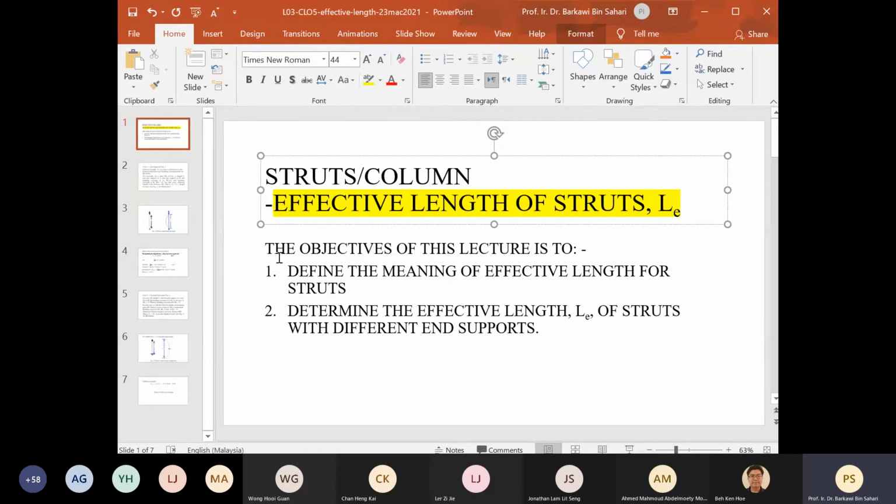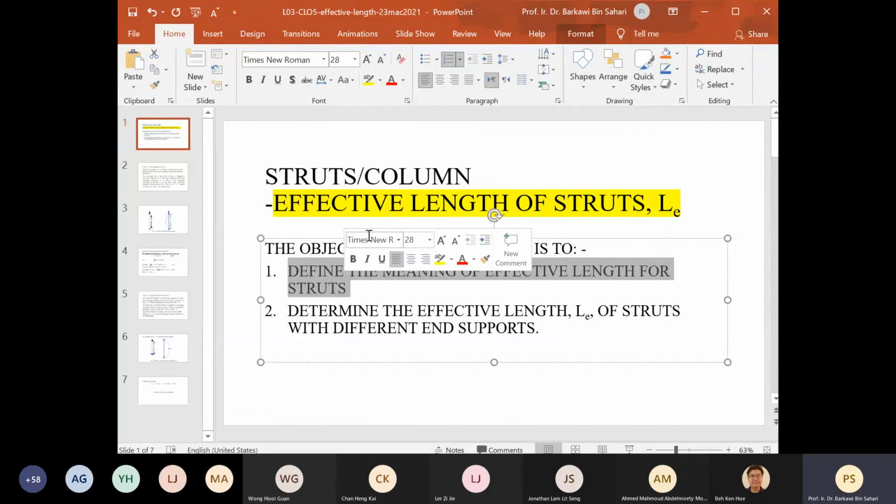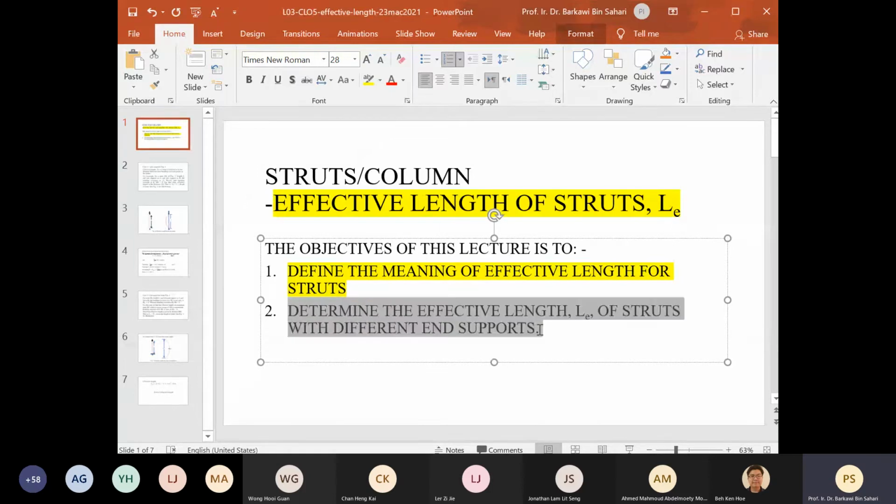The objectives: one is to define the meaning of effective length for columns or struts, and two, to determine the effective length LE of the strut. Hopefully from these two we should be able to generalize the column problem using the effective length approach.